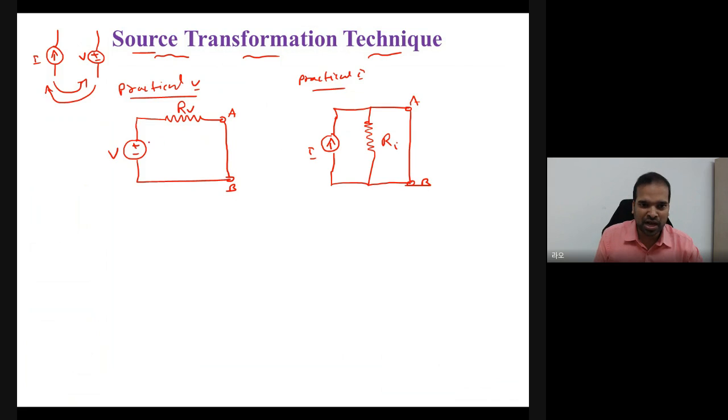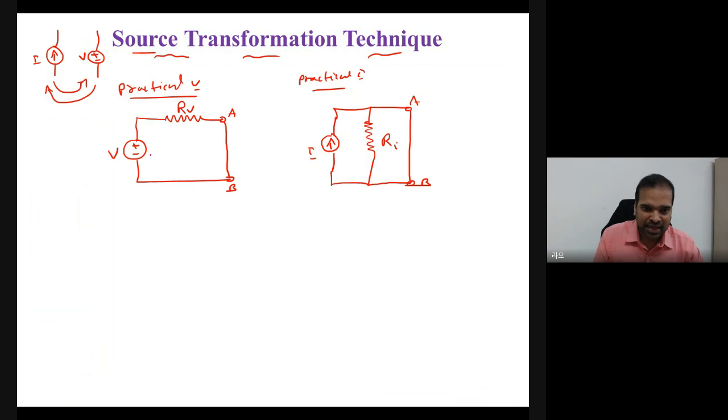Please remember, the ideal voltage source should be connected in series with the internal resistance RV. In the practical current source, the resistance should be connected in parallel with the current source. Then only you can transfer from voltage source to current source or from current source to voltage source. If not, it is not possible.